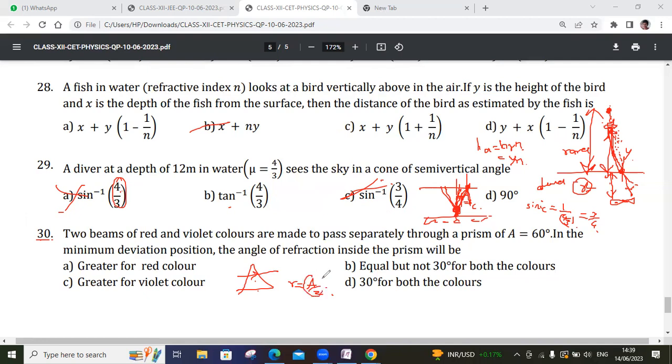If you see, this r value doesn't depend on the refractive index, because if the color changes, the refractive index may change because of the change in lambda, but r is independent of lambda here. So for both of them it will be 30 degree, because r is equal to A by 2, A is 60, A by 2 is 30.